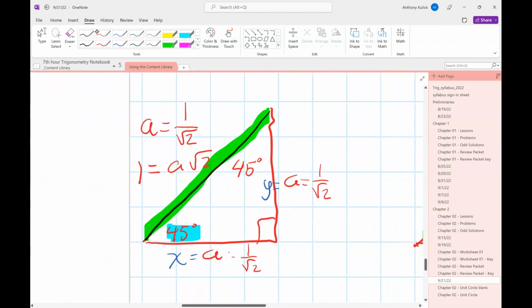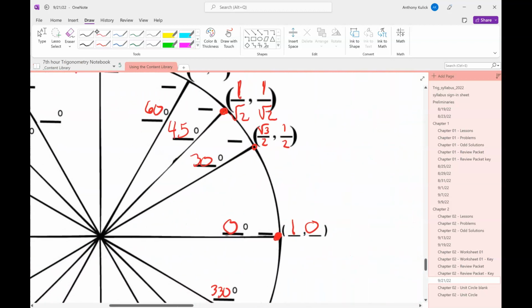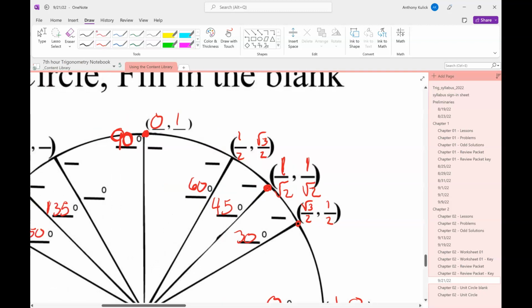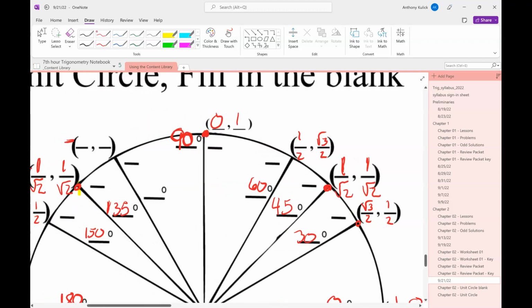So if I go back to my unit circle, I can fill in, and just kind of keep going. So this would be 120.